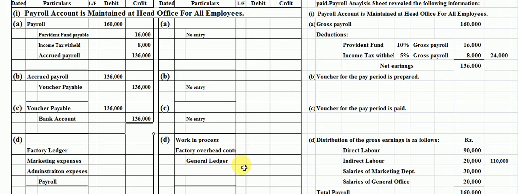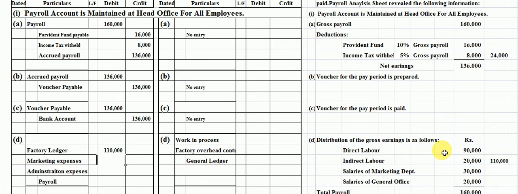Students, now in part D, distribution of the gross earnings is as follows. Now students, in the book of head office, factory payroll is debited with the cost of direct labor and indirect labor, 1,10,000 rupees.